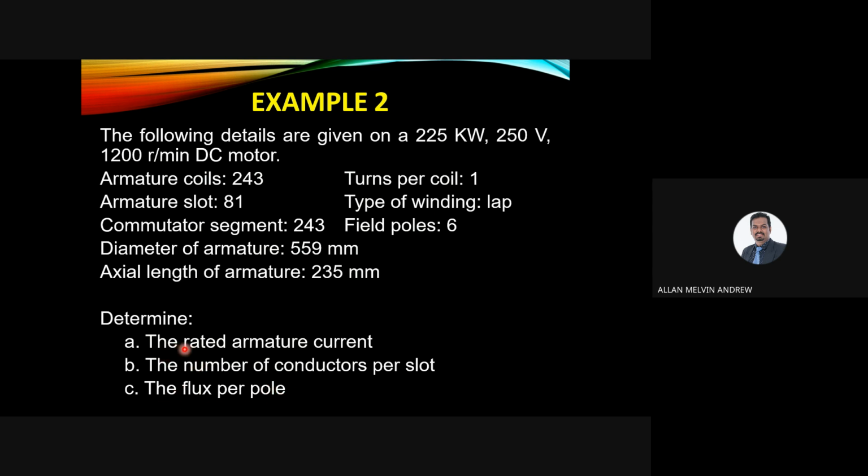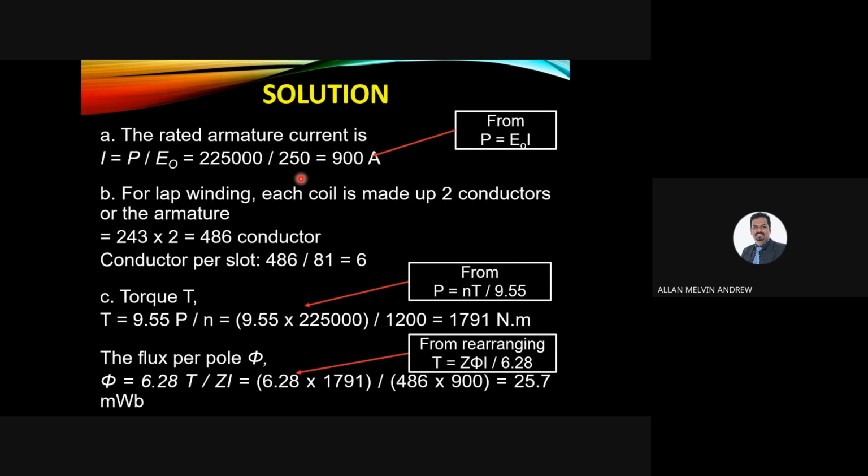First, the rated armature current: I equals P over E0. P is 225,000 divided by 250, so the value of I is 900 ampere.